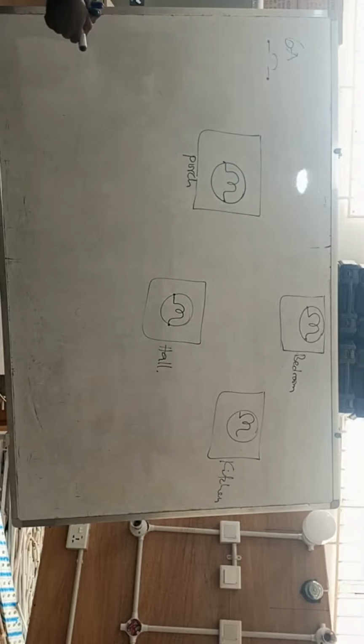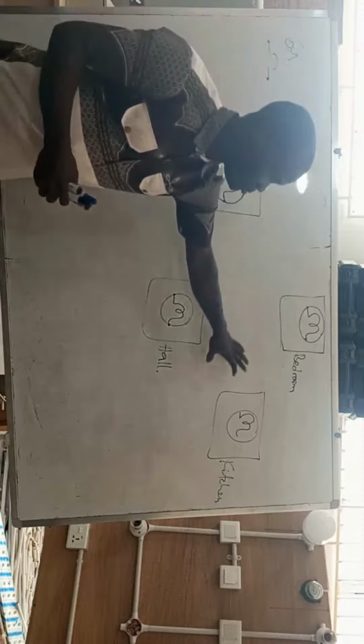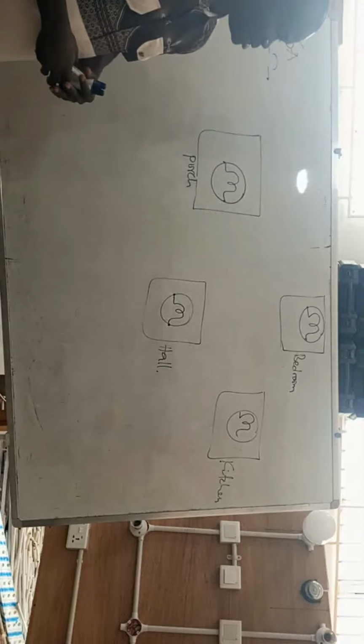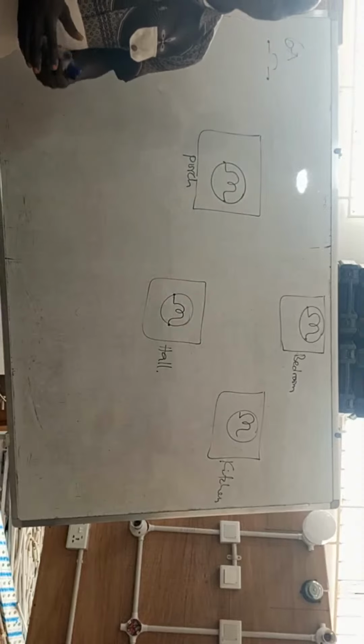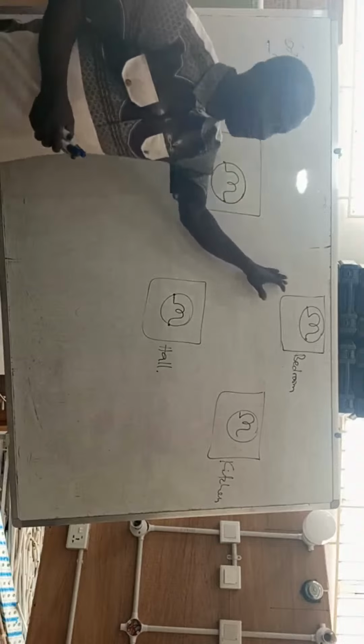Now, we know the points where we are going to place our lights. Then the next thing is we would have to decide how we control these 4 lights.